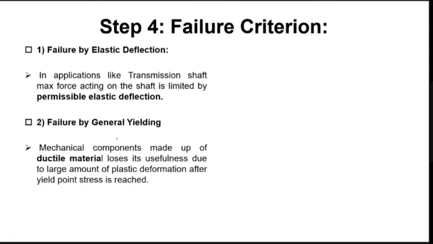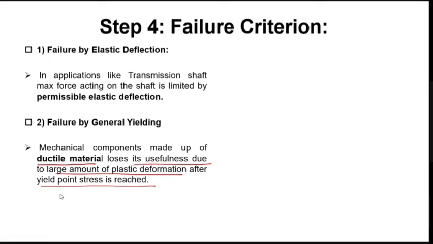Second is failure by general yielding. You will not design this transmission shaft based on general yielding, but mechanical components which are made up of ductile material will. Ductile material you understand; you have already studied strength of materials. Mechanical components made up of ductile materials will lose their usefulness due to a large amount of plastic deformation after the yield point stress is reached. You know now what yielding is.